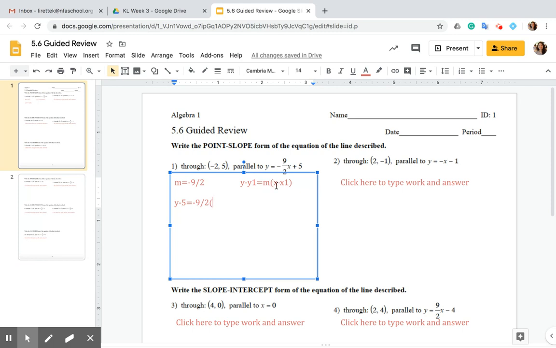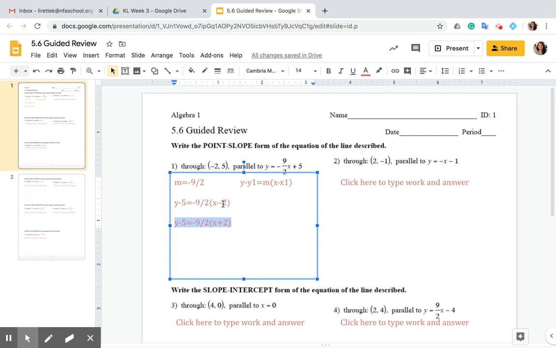Open parentheses, x minus, but instead of writing x1, I'm going to write the x term from that ordered pair, which is -2. The only thing I can do in this next step is simplify these double negatives. So it should read y minus 5 equals -9/2 x plus 2.